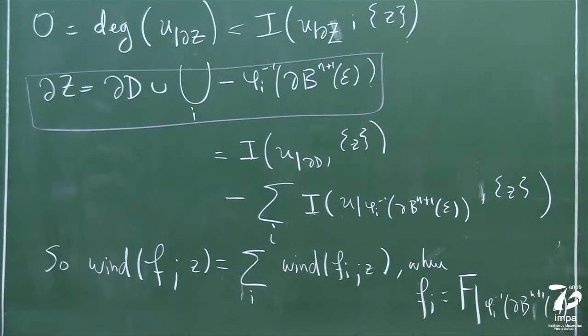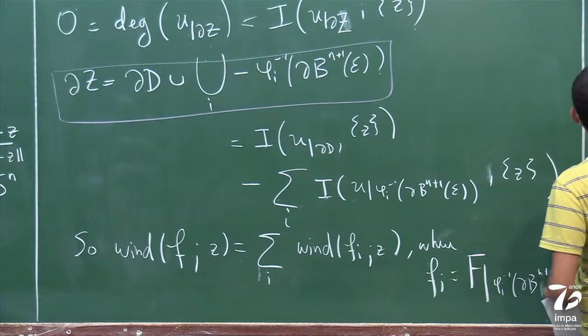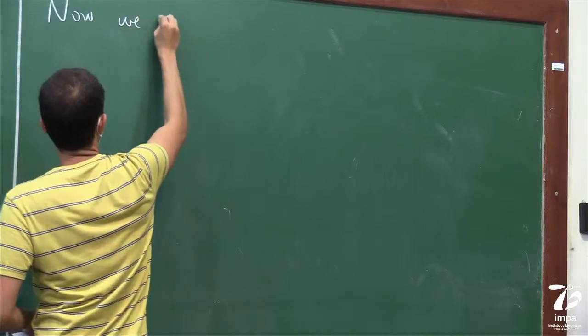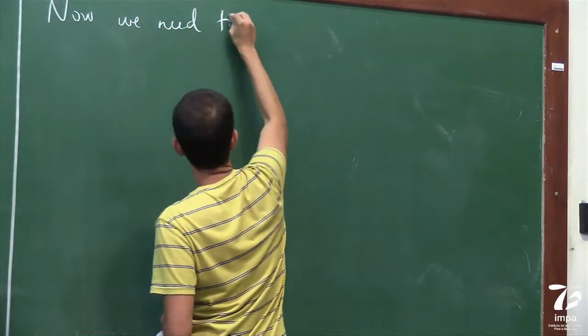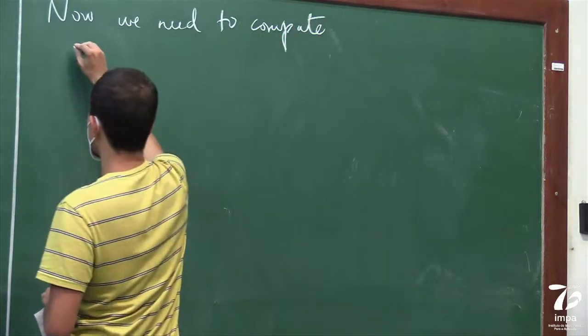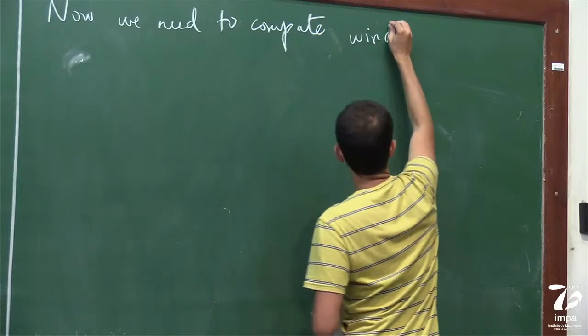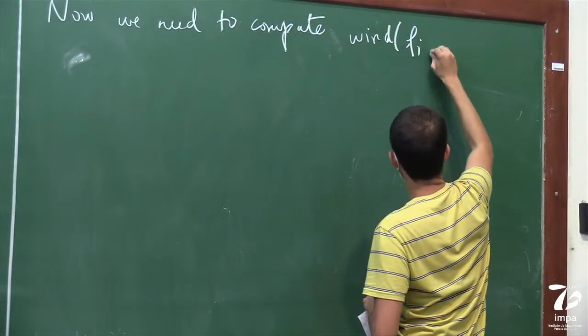So now we need to compute the winding number of Fi with respect to Z.